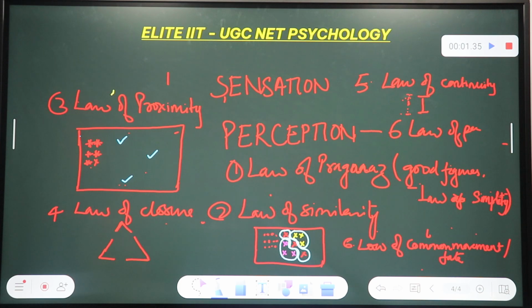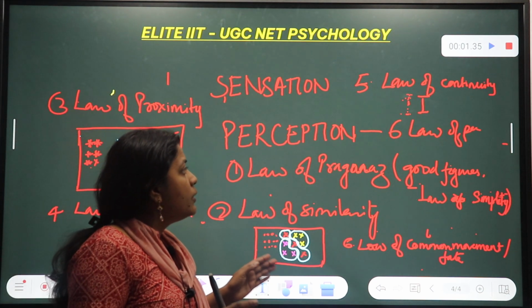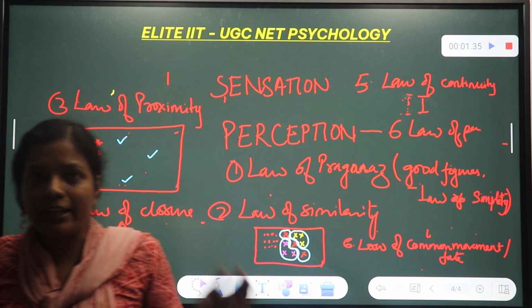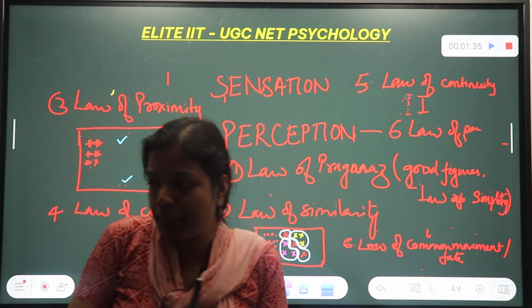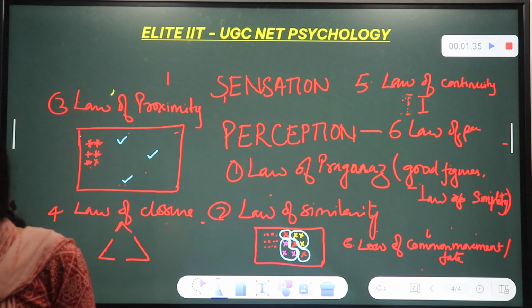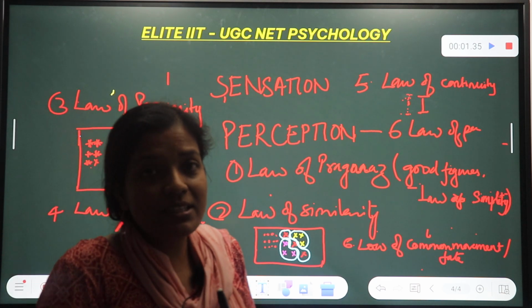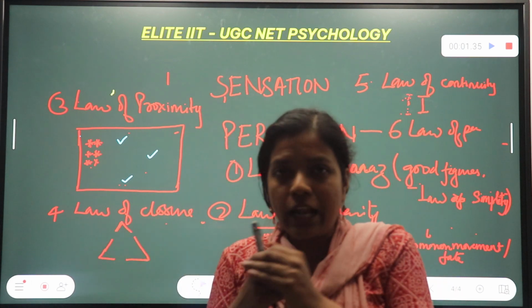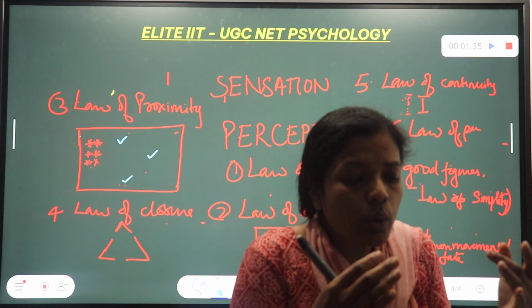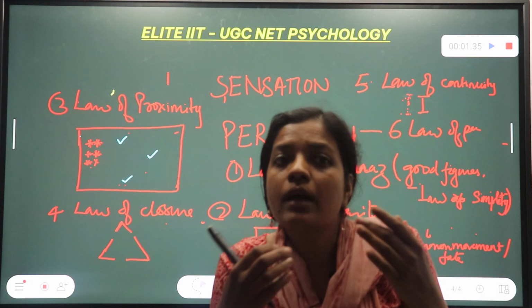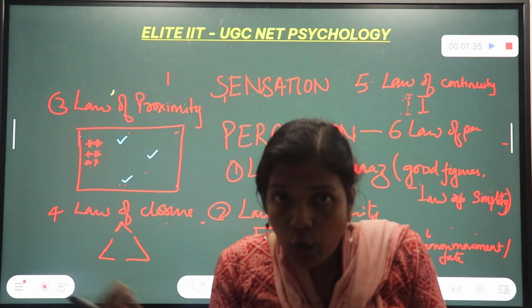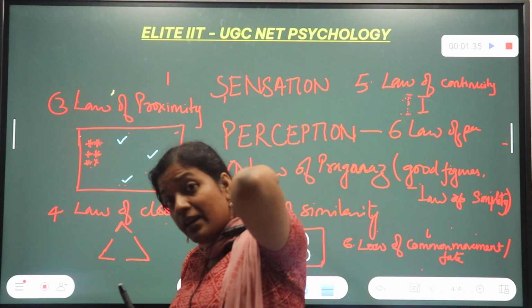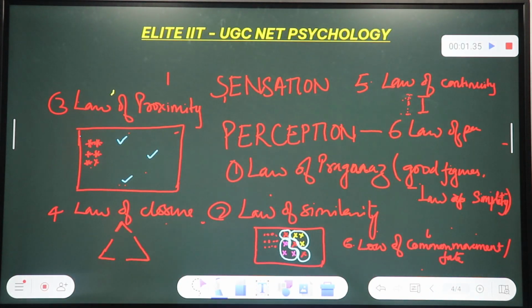This is all about various laws of perceptual organization, how we organize our perception. Now, there are some things known as the law of consistency. How do we know which thing is bright, which is light colored? How do we know whether the door is open or half open or fully open? How do we make sense of these things? This is all because of the law of consistencies that has come into place.